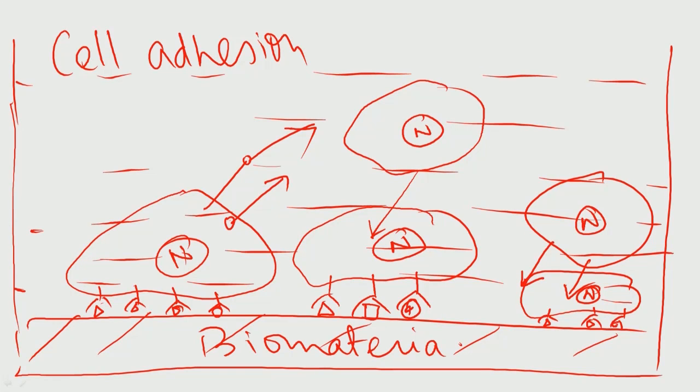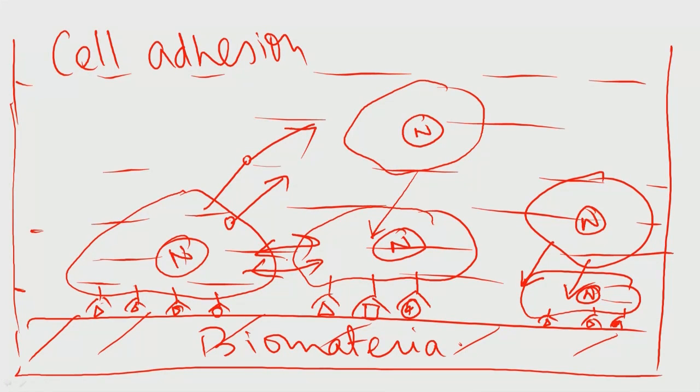When you have multiple cells lined up on the same substrate, there is something called cellular crosstalk. Crosstalk is just like two human beings standing at a bus stop, they can talk to each other. Similarly, when these two cells are sitting on the same biomaterial substrate, they can establish crosstalk. Crosstalk essentially means there is a continuous signaling process going on between these two neighboring cells.